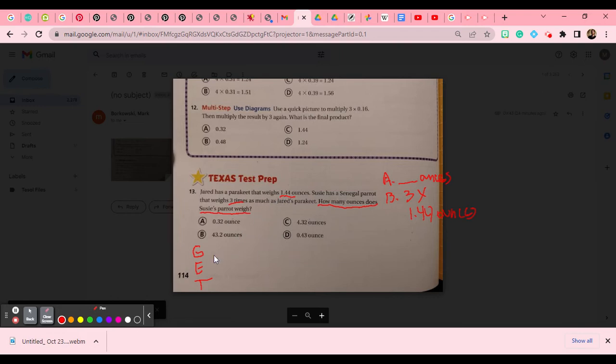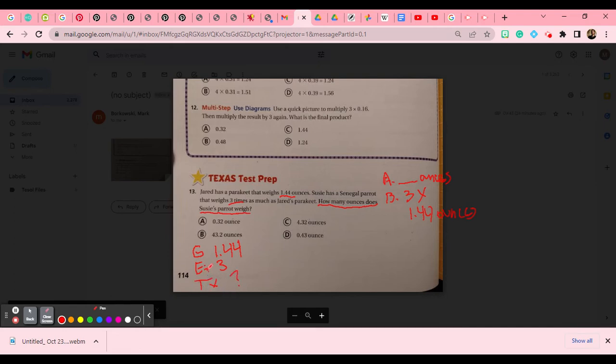That's kind of like our group size. 3 times, that's like our each is 3 times. What we don't have is our total weight for Susie's parrot. That's what we're looking for here.